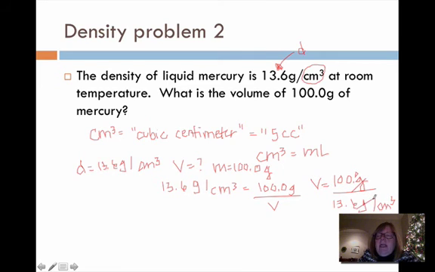The grams cancel, we're left with cubic centimeters, and the final answer is 7.35 cubic centimeters. And that is our volume. We were reporting that to 3 sig figs because 13.6 is 3 sig figs.